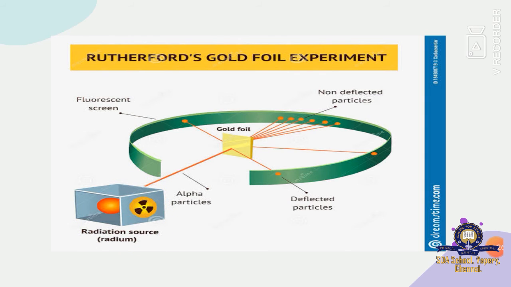So this is the experiment. So when they bombard alpha particle with gold foil, he observed that the rays are scattering and deflected in different direction.